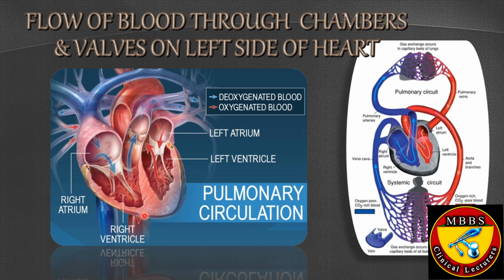So this returning blood from the wall of the myocardium is returned to the right atrium via the coronary vessels, and these open through the coronary sinus within the right atrium.